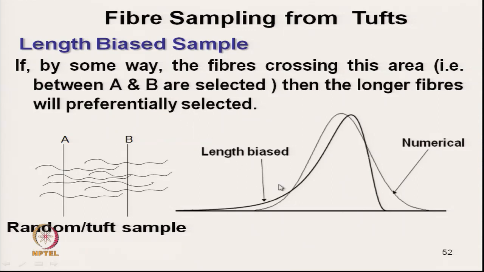In numerical sampling the proportion is the same for long fiber and short fiber, and in length bias sampling the length will be a little bit higher. It will give us the idea of a longer fiber towards the higher length.